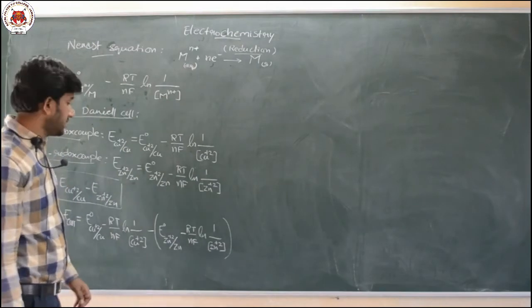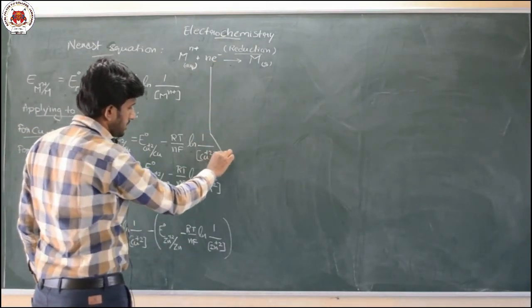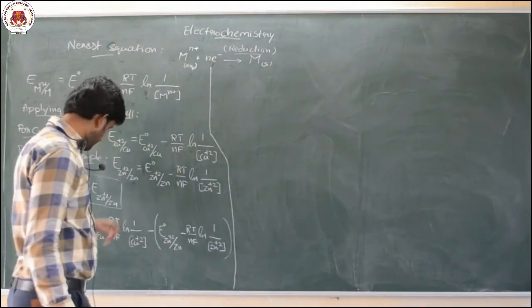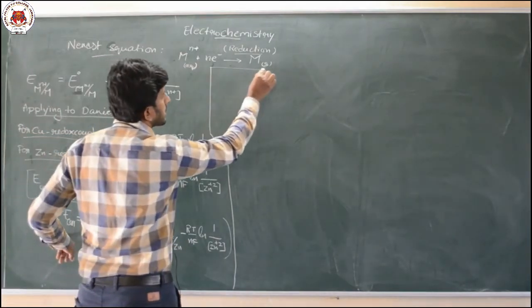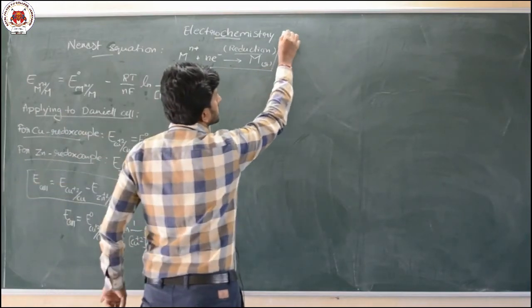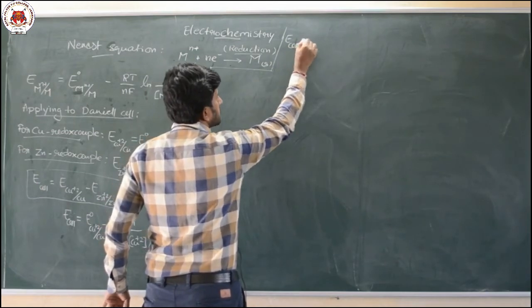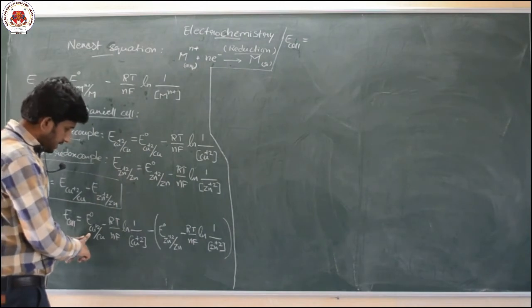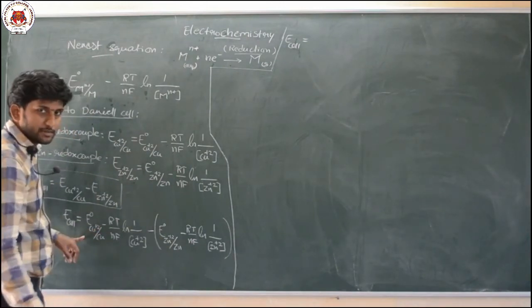Then after this, what can I write here? E cell is equal to, let us take this E naught term and this E naught term outside the brackets.